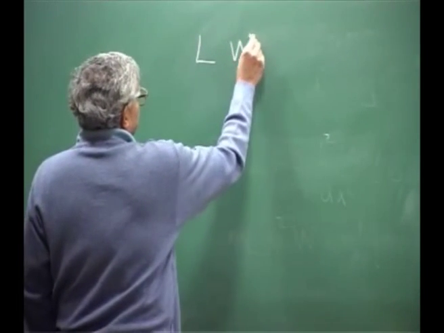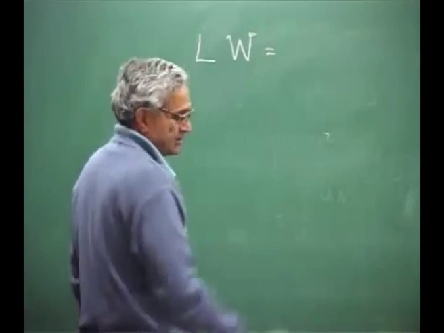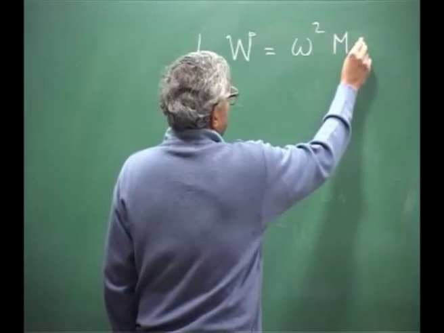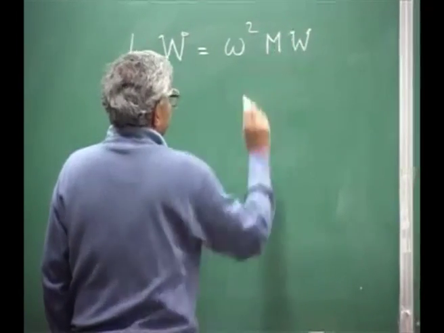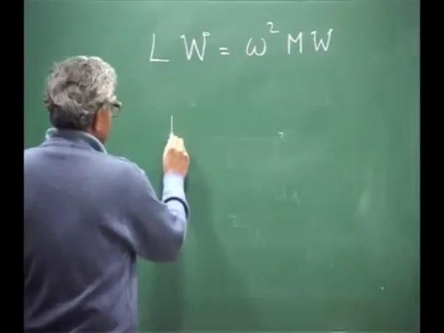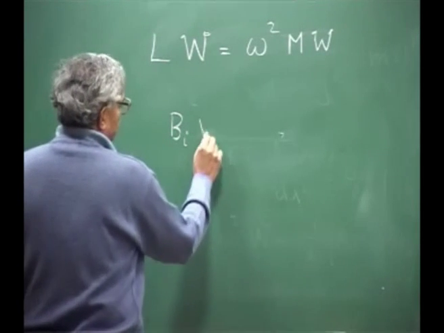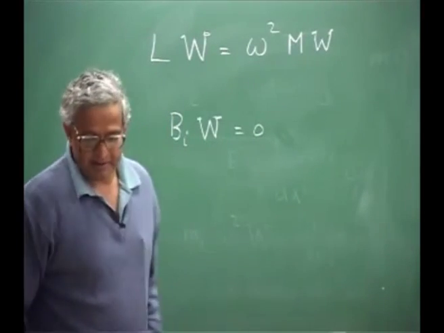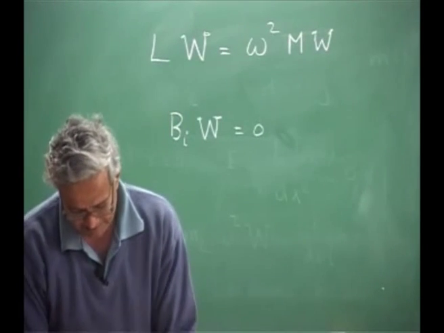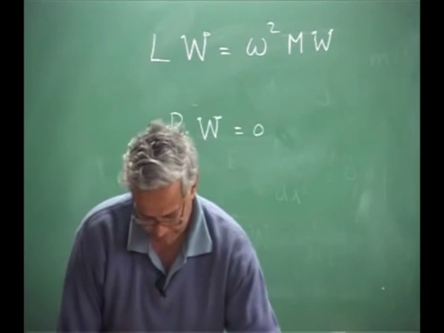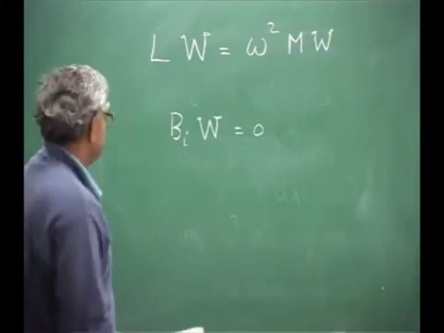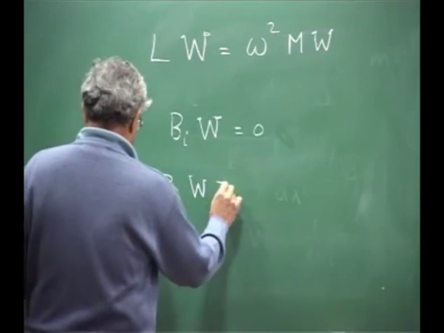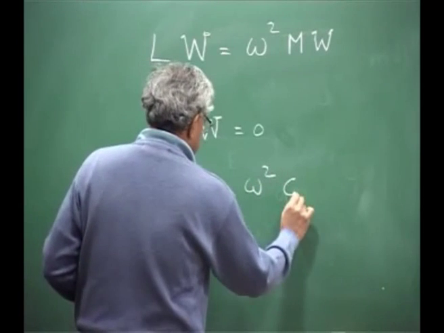L W equals omega square m W, and then B_i W is 0, and then another B_i W equals omega square C_i W.